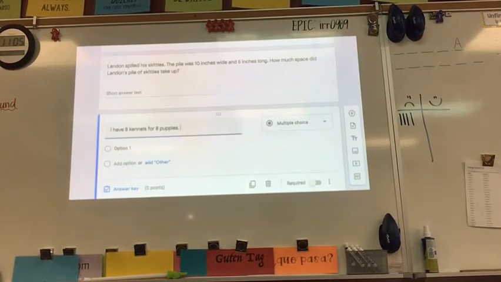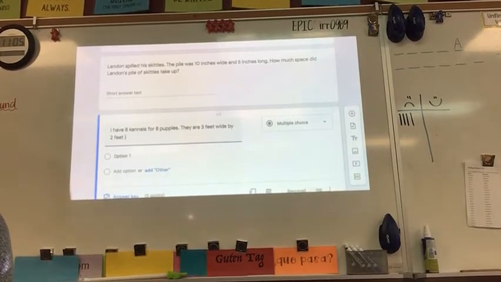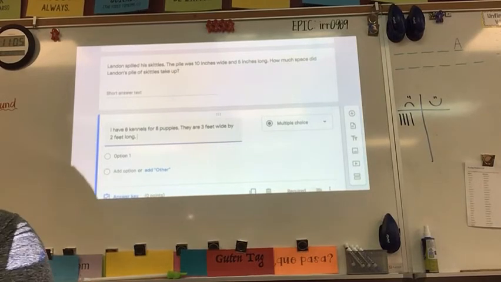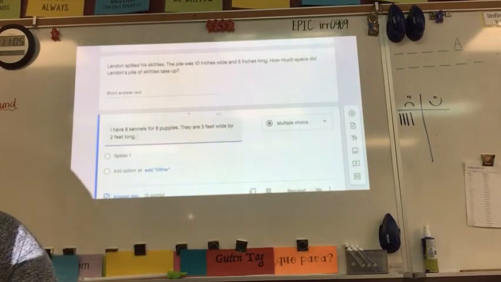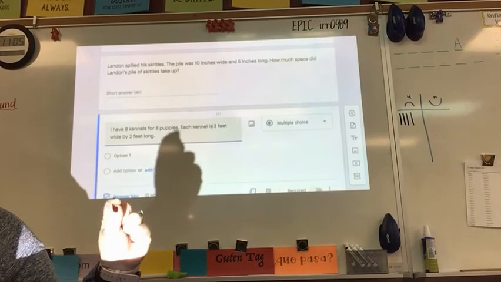They are 3 feet long. Oh, this would be a really tricky one because if each kennel, I'm going to say each kennel is 3 feet wide by 2 feet long. Do you remember a problem like this on yesterday's math?